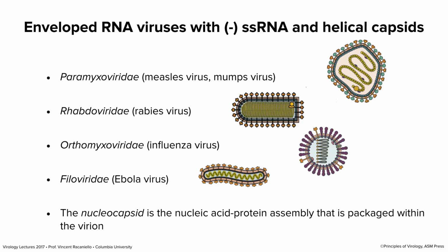It happens to be in pieces for influenza virus, but it's nothing more than RNA wrapped up in protein. And Ebola virus, the same thing. It happens to be filamentous, but inside this envelope, the membrane, is an RNA protein complex, a nucleocapsid built with helical symmetry. Okay, so that's how helical symmetry is used to make animal viruses with membranes.